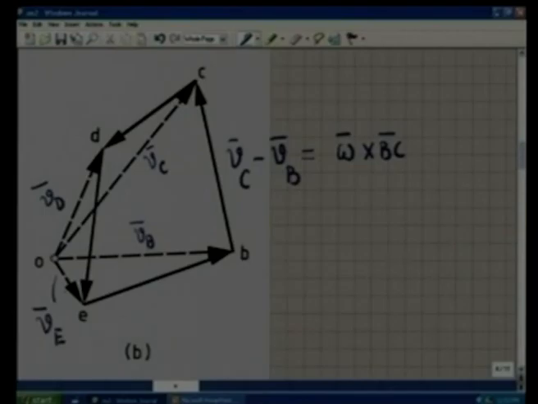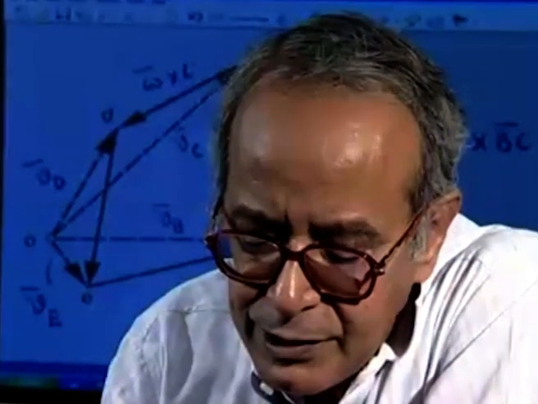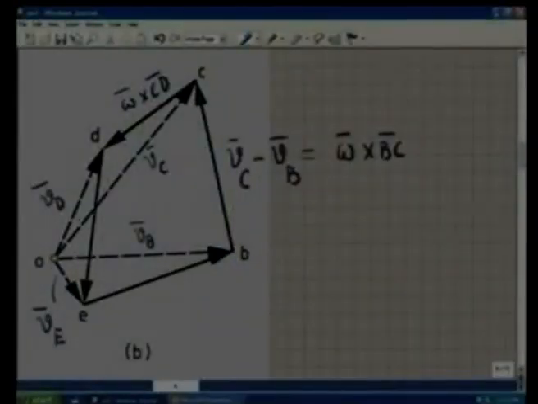Similarly, this vector cd will represent omega cross CD, which is nothing but OD minus OC, that is the difference of velocity of D and the velocity of C. Similarly, eb will represent omega cross EB, and de will represent omega cross DE.